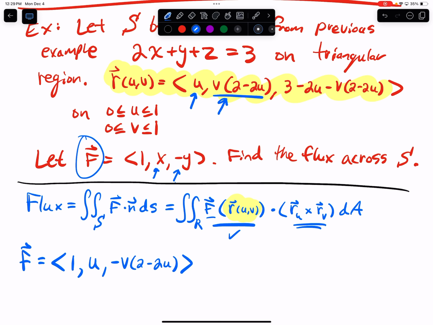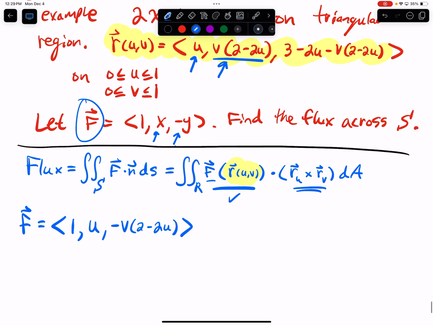We already got it. So look back at your notes. R_u cross R_v. What did we get? 4 minus 4u, and then 2 minus 2u, 2 minus 2u. Good.